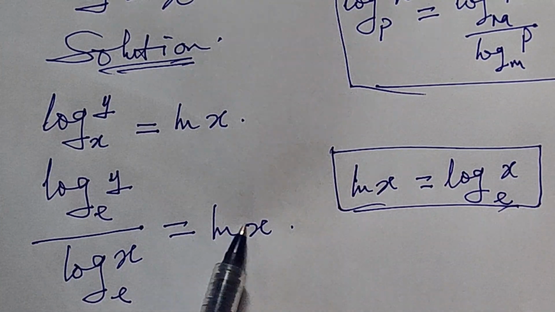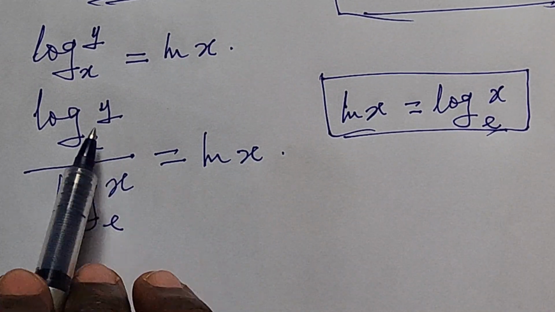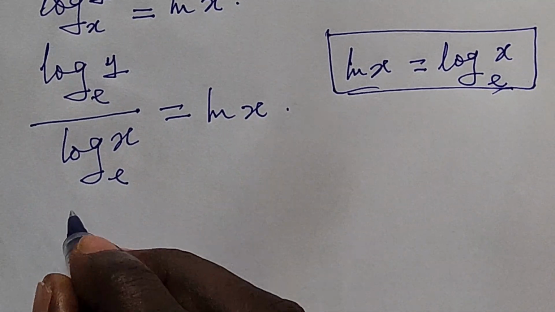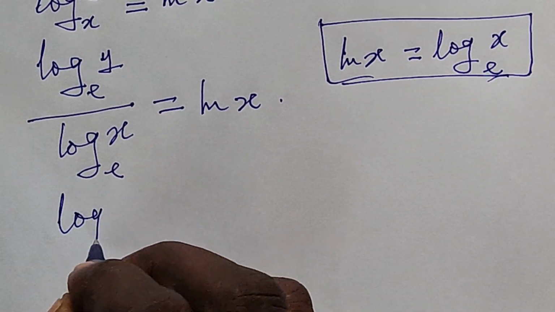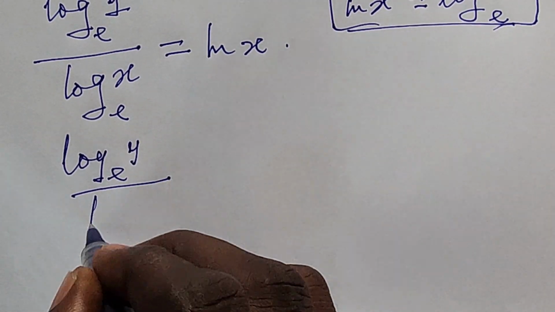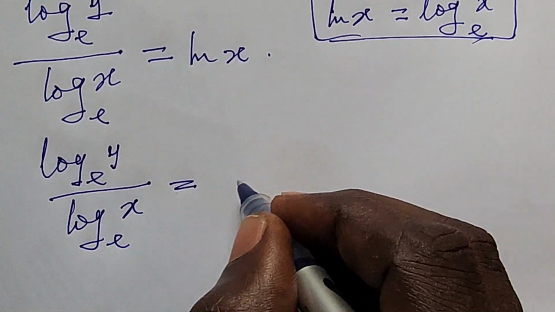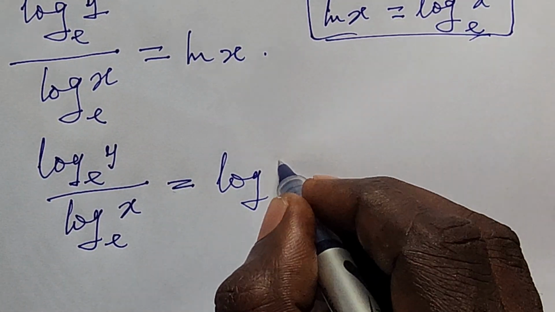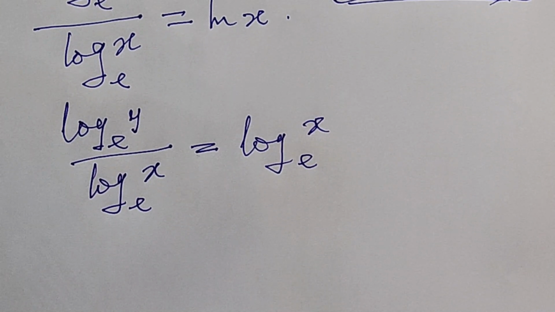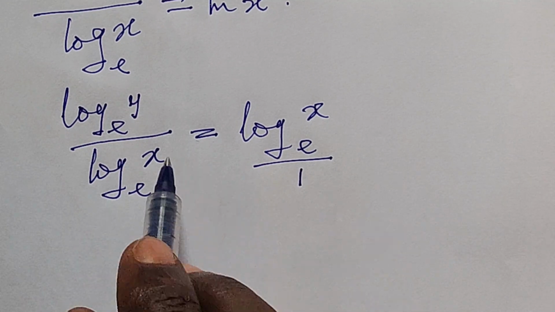So we rewrite this part of the equation in this form, because we're having this expression on this side. This will give us log y base e all over log x base e equal to log x base e. Wow, very easy. This is all over an invisible 1, so we cross multiply.